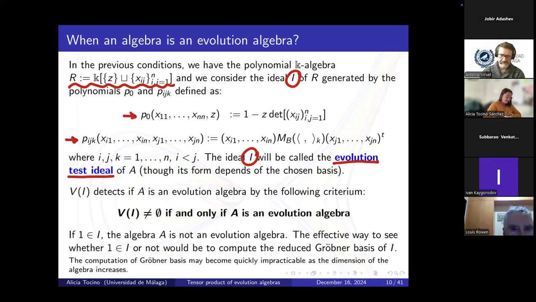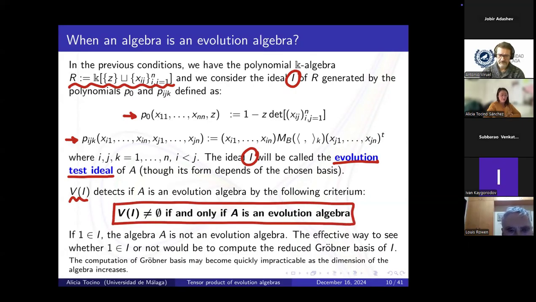So the set of zeros of the evolution test ideal detects when an algebra is an evolution algebra by the following criterion. If the set of zeros is not empty, then it's an evolution algebra, and conversely. So in order to see that the set of zeros is not empty, we compute the Gröbner basis of the ideal and check whether one is in the ideal.